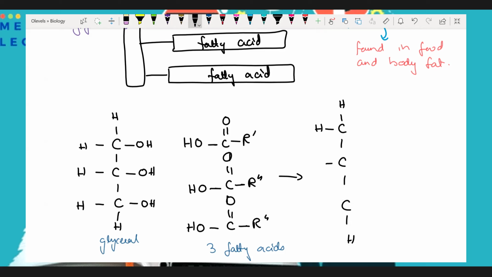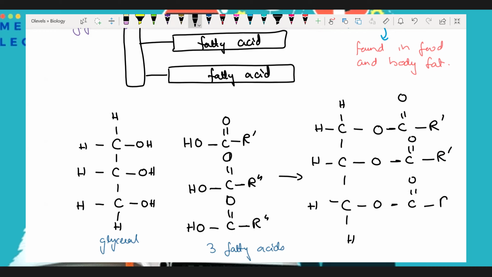Now, how do they combine? Like, how does this glycerol combine with the three fatty acids? This is the basic structure, and then what happens? Here, they combine at this end. So actually, there's a formation of a bond, right?